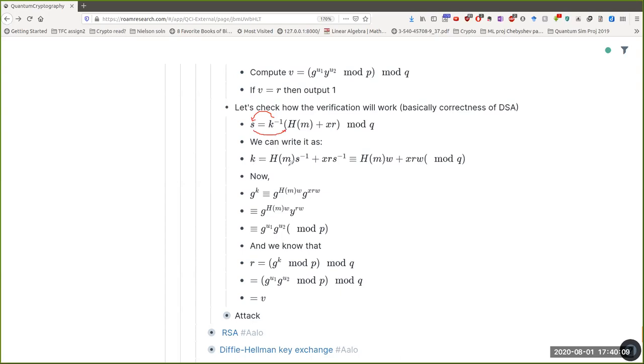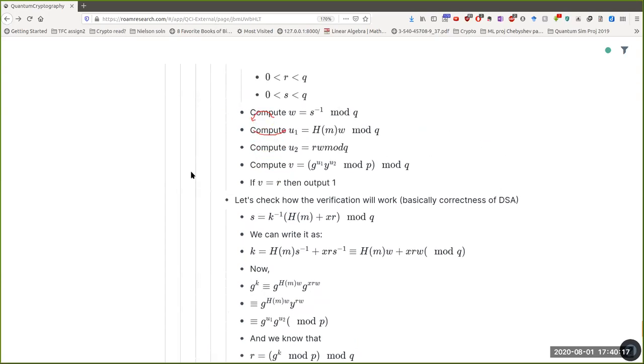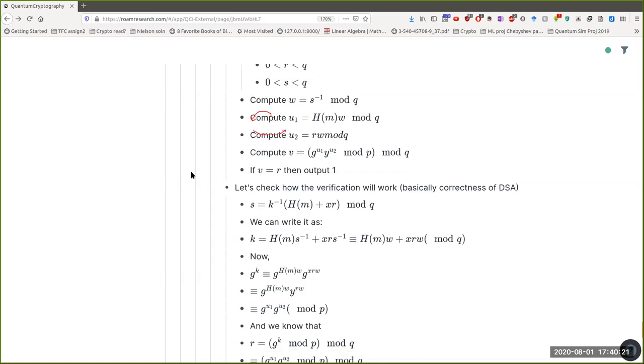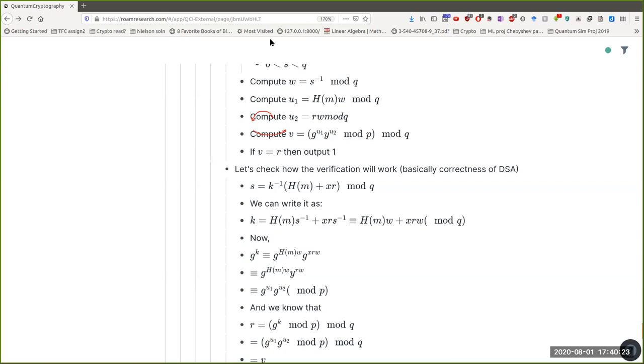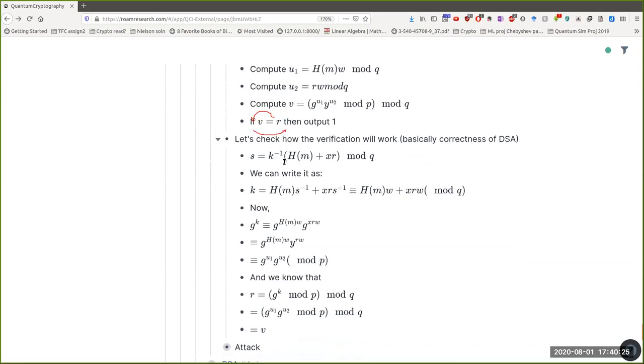So K is equal to hash of M times S inverse plus XR times S inverse. Also, if you note, S inverse is your W here. So K equals hash of M times W plus XR times W.